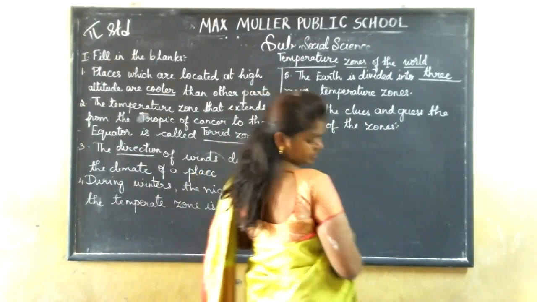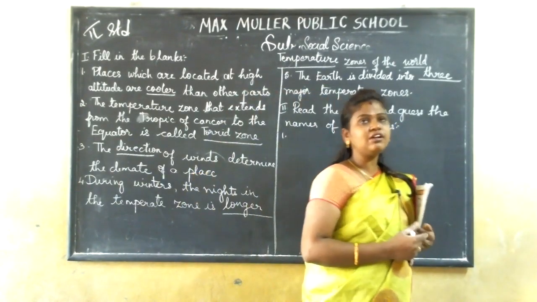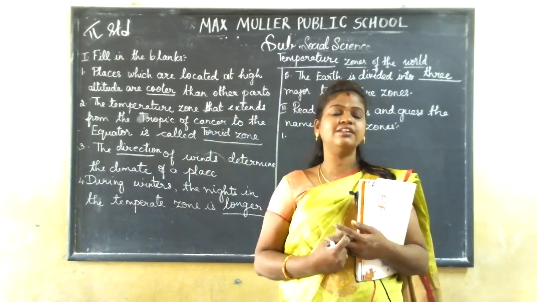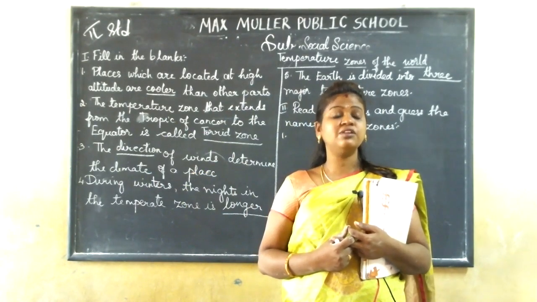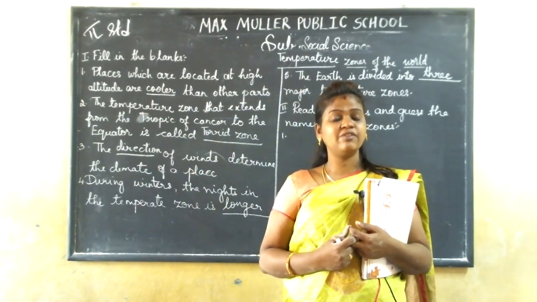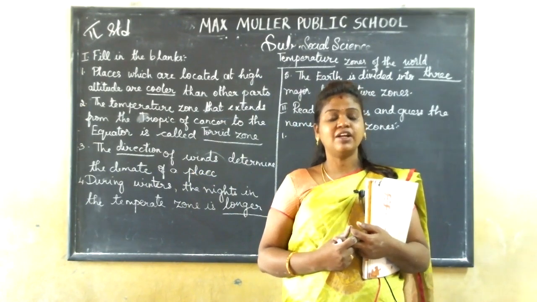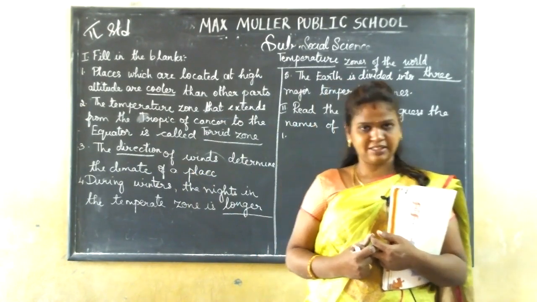You all learned in the last 2 lessons to read the clues and answer the questions. But in this lesson, we are just guessing from the clue and finding out which zone it is.